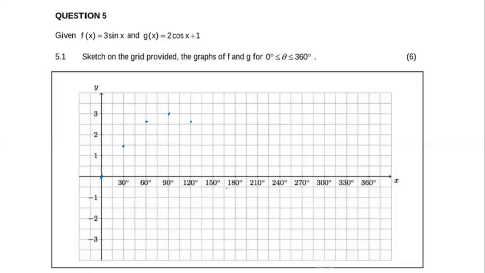Yes, it's 1,5. And then when we punch 180, we're going to get 0. Sine 180 is 0. So that means we're going to get it here. So you can tell 210 is going to be again negative 1,5.